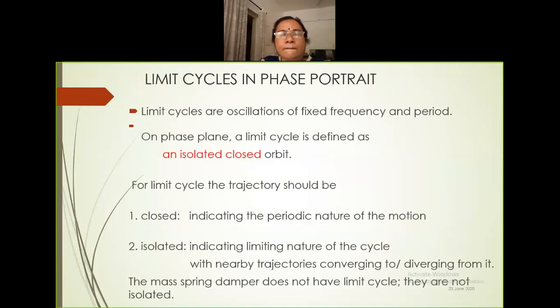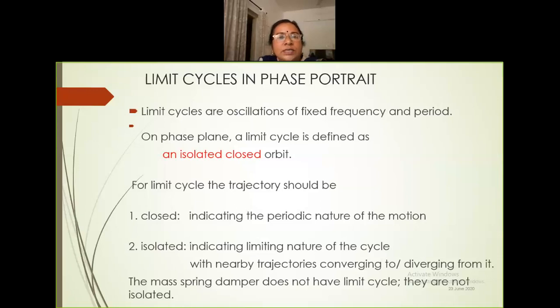Now comes the very important one, limit cycles in phase portrait. You are familiar with what is a phase portrait. You can see many phase trajectories plotted in a single figure; you can say it is a phase portrait. Now, what is this limit cycle in phase portrait? That is an important point to be studied.